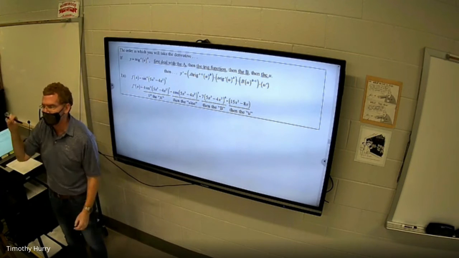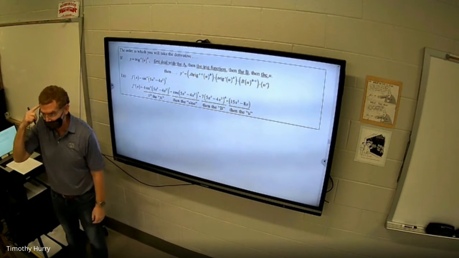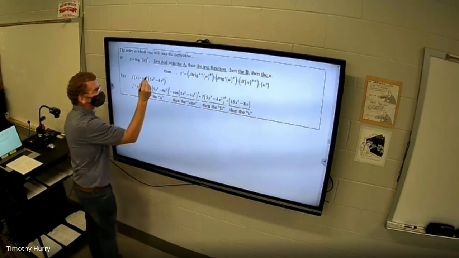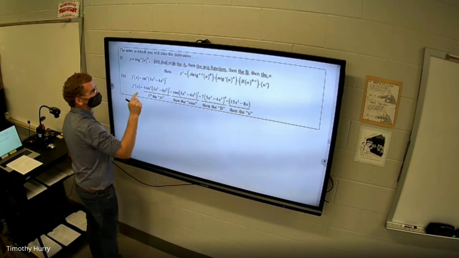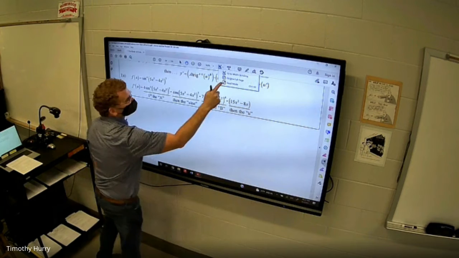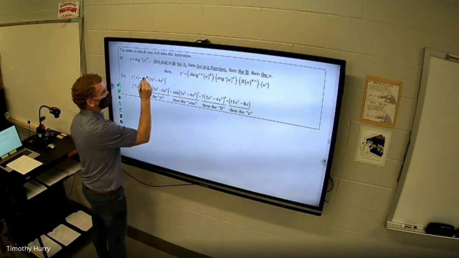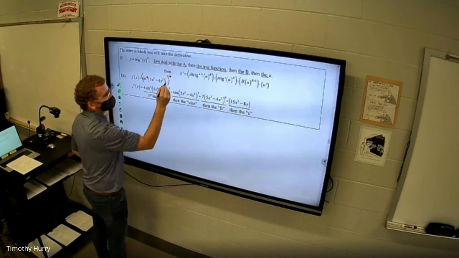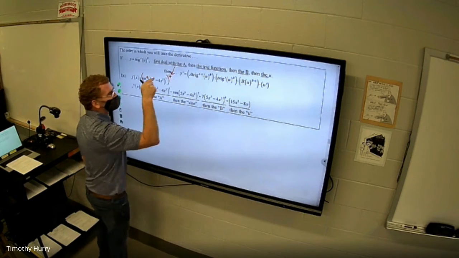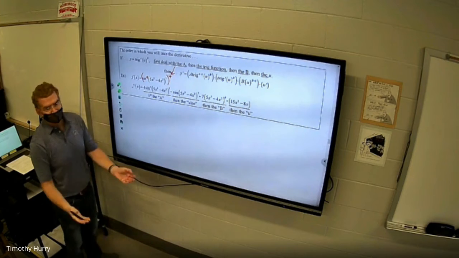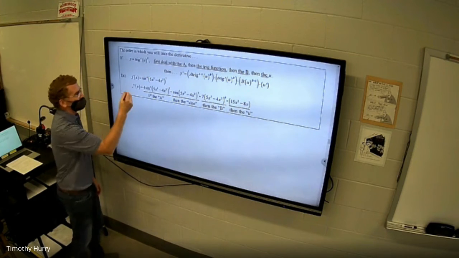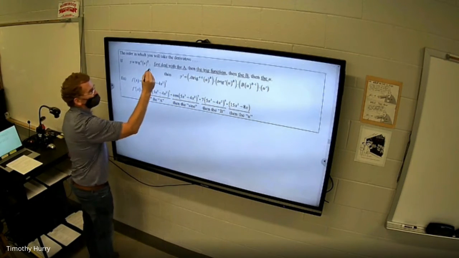So I know it doesn't look like that, but you have to train your mind that that 4 right there is the same thing as having the 4 on the outside. So you're going to start with that 4, except you're really not starting with that 4 out there. You're starting with this 4 here.